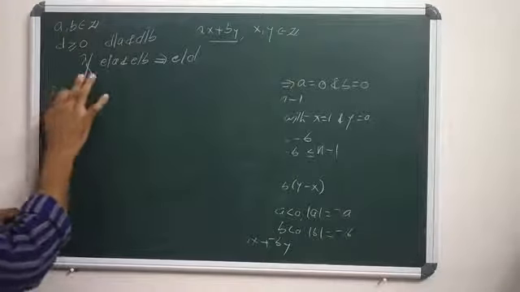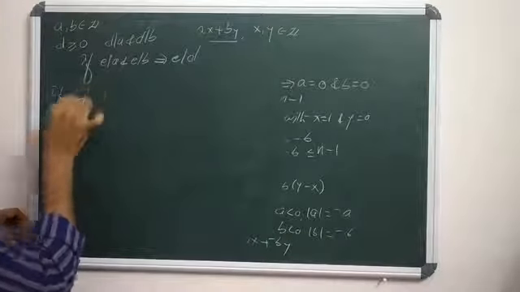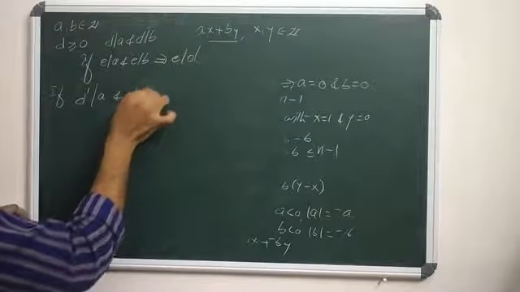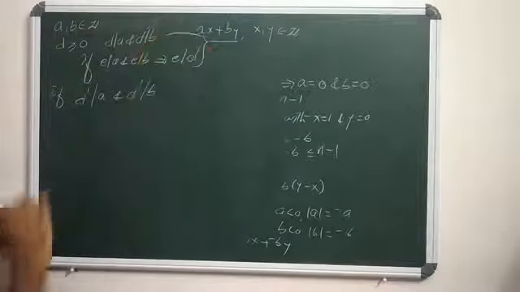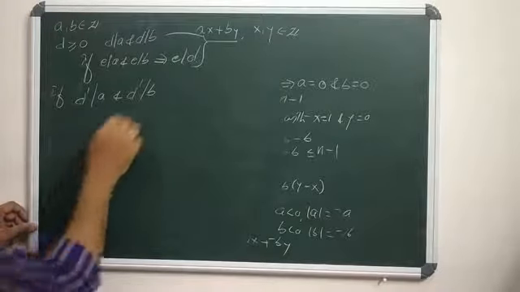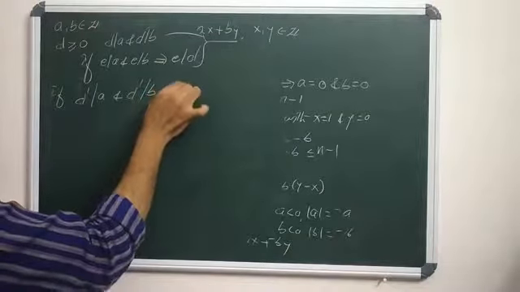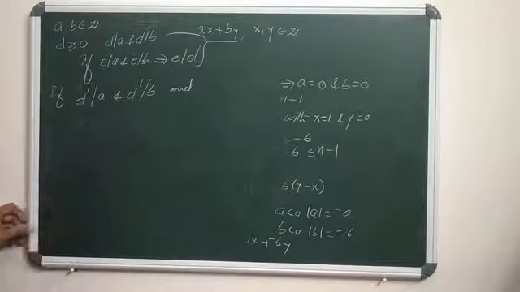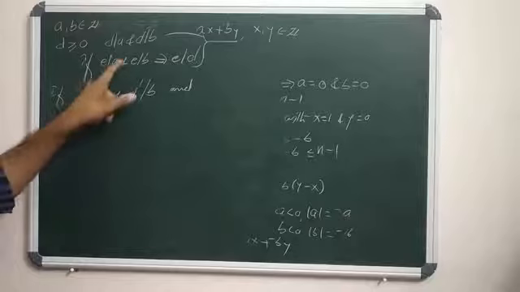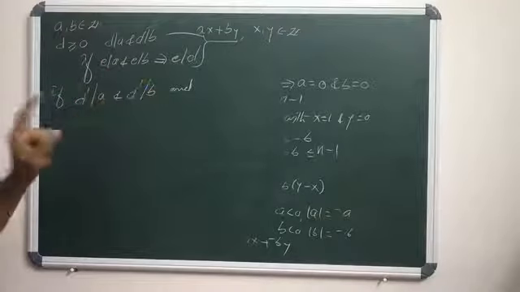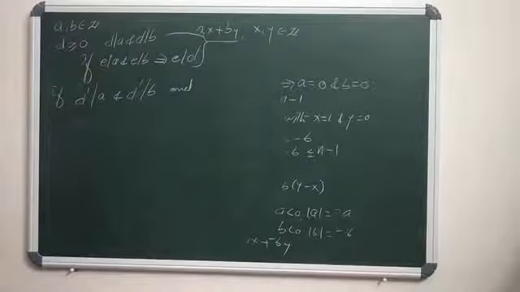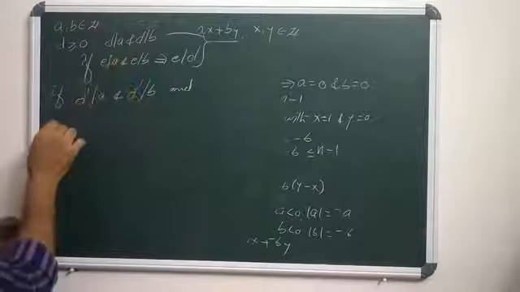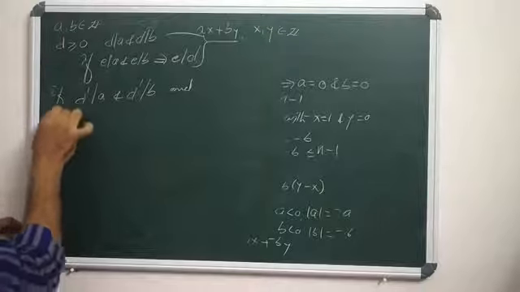That is, D dash divides A, D dash divides B, and if E divides A and E divides B, then E divides D dash also. Okay. So D dash satisfies these two conditions, which means clearly D dash divides D.